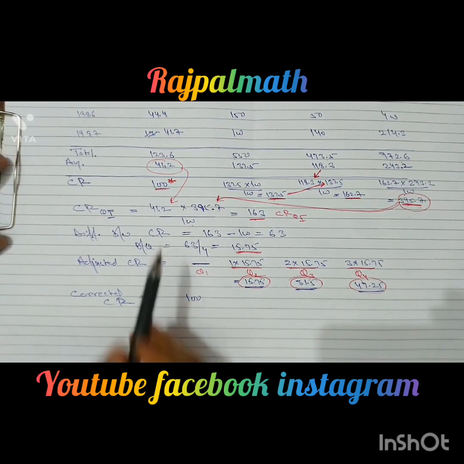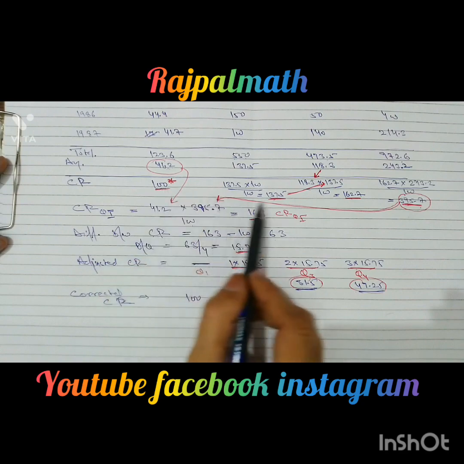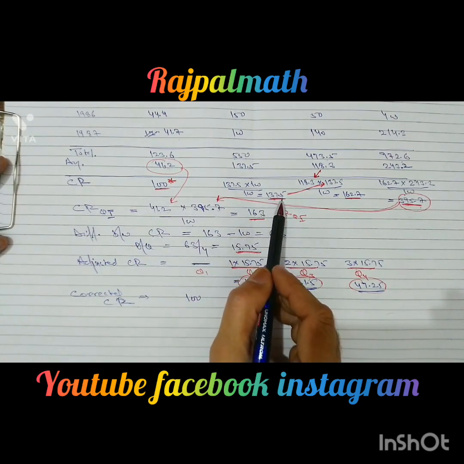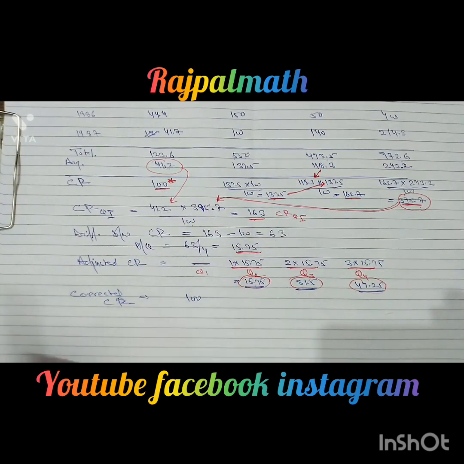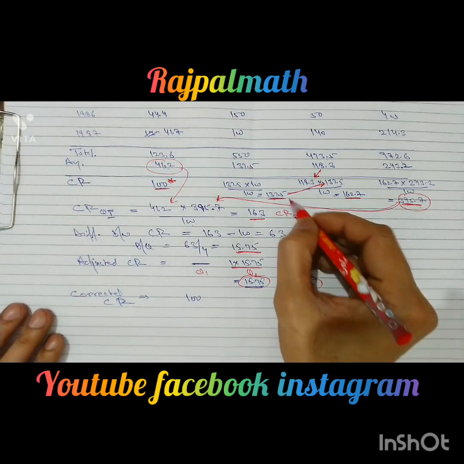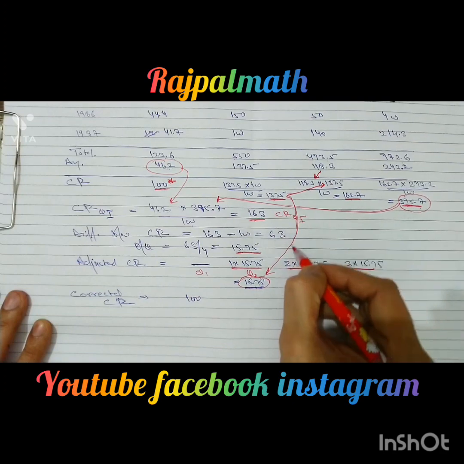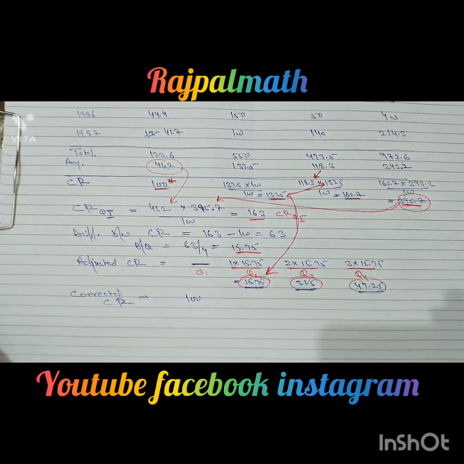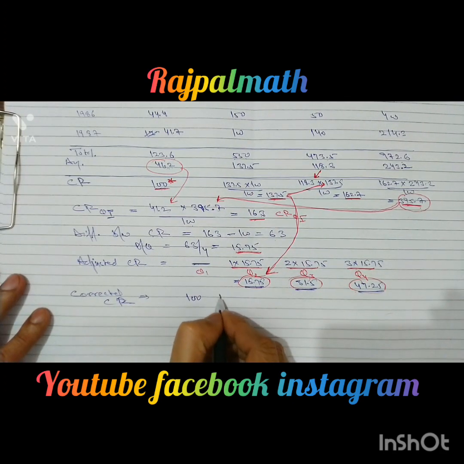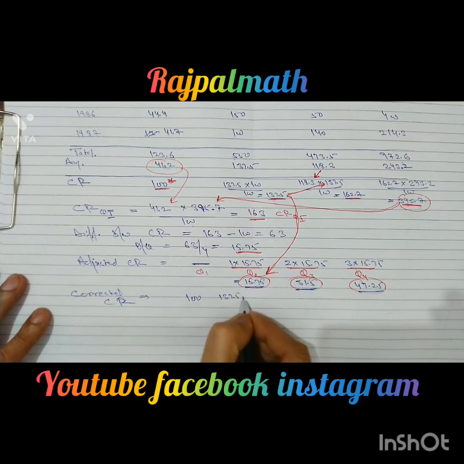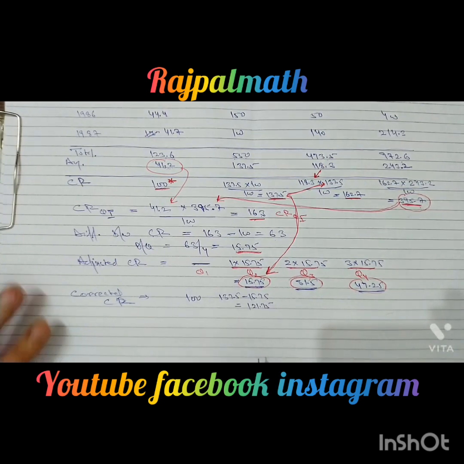Right? For the second quarter, 137.5 minus this. Clear? CR minus adjusted CR. 137.5 minus 15.75 comes out to be 121.75.